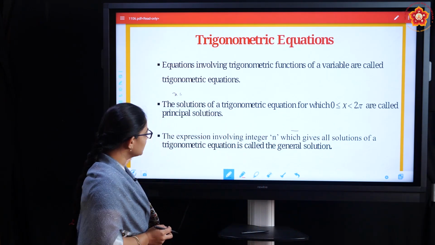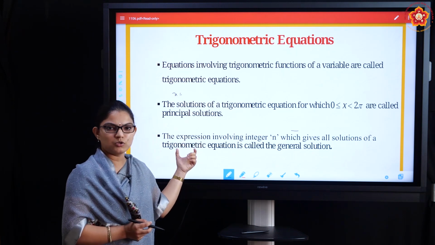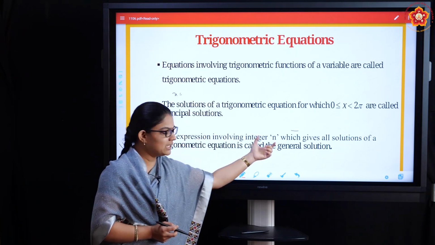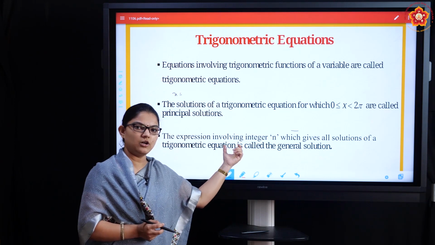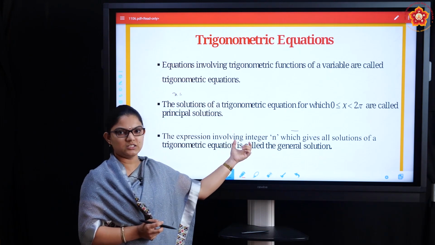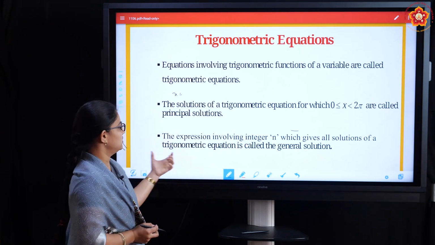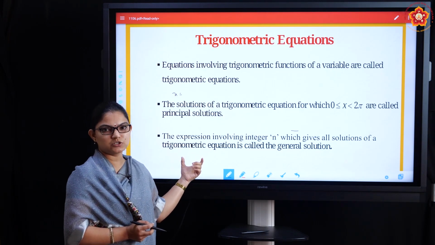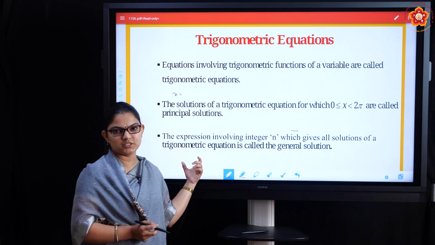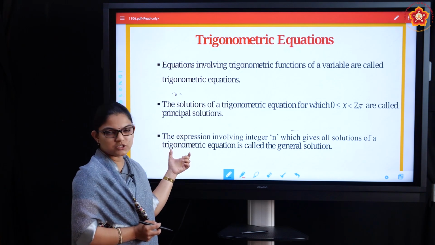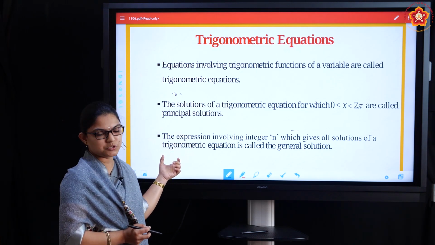But if you are considering all possible solutions by using the letter n for any integer, then such solutions are the general solution, that is, it covers all the solutions.